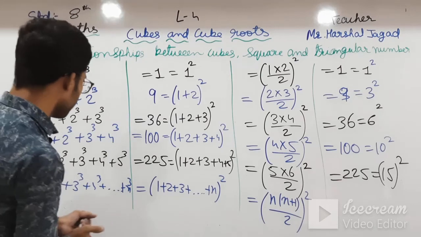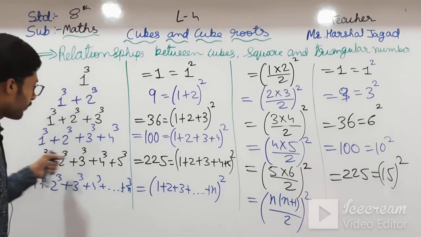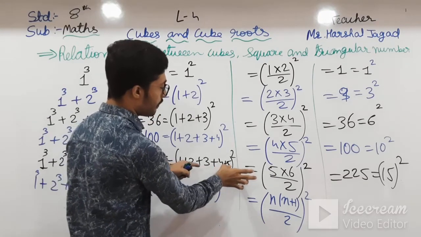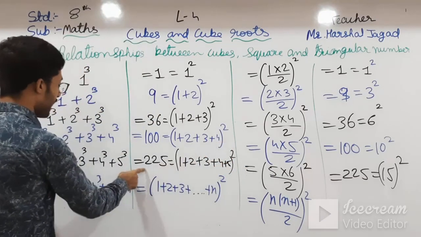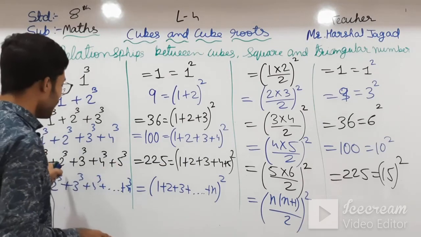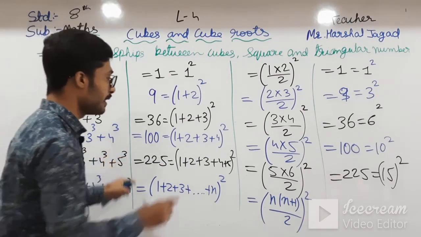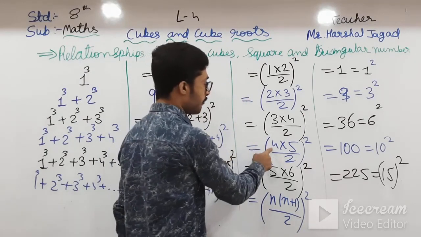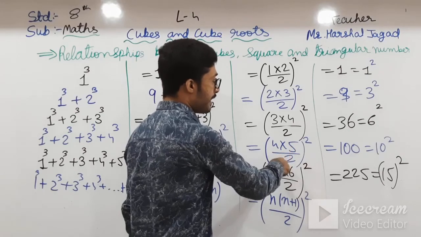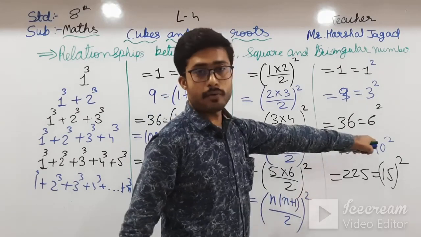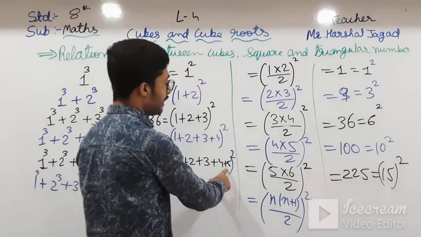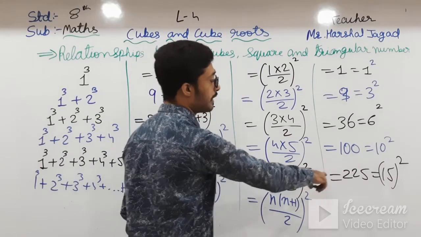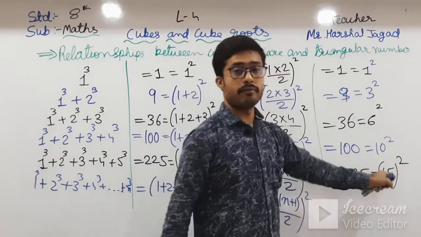See here students, we have taken 1 to 5 numbers, so we have done 1 plus 2 plus 3 plus 4 plus 5 and its whole square. So we get the answer according to 1 cube, 2 cube, 3 cube, 4 cube, 5 cube. Then the last number was 4, so 4 into 5 divided by 2, we get 100 is equal to 10 square, and here there is 5, so 5 into 6 divided by 2 whole square, that is 225, which is 15 square.